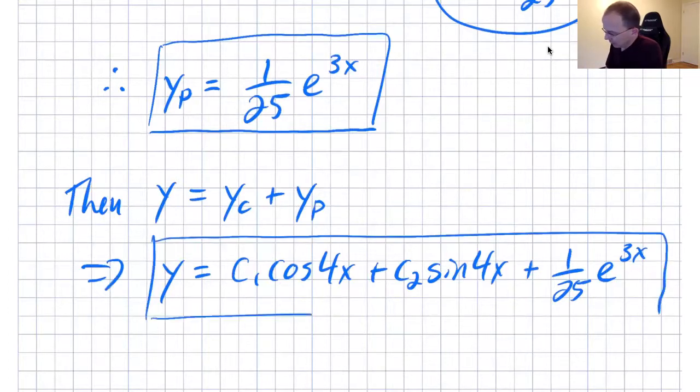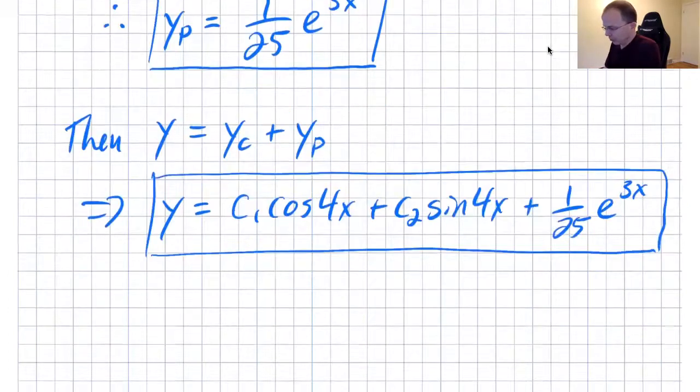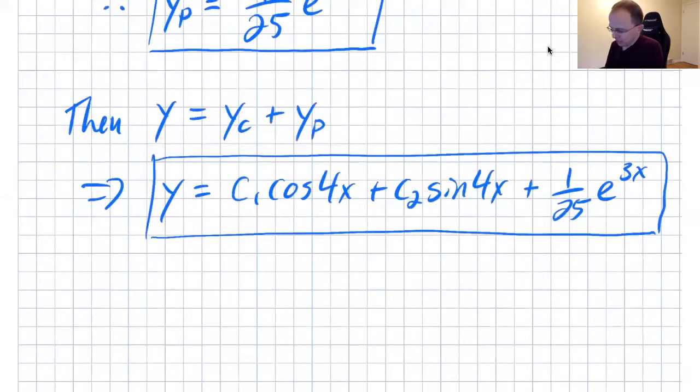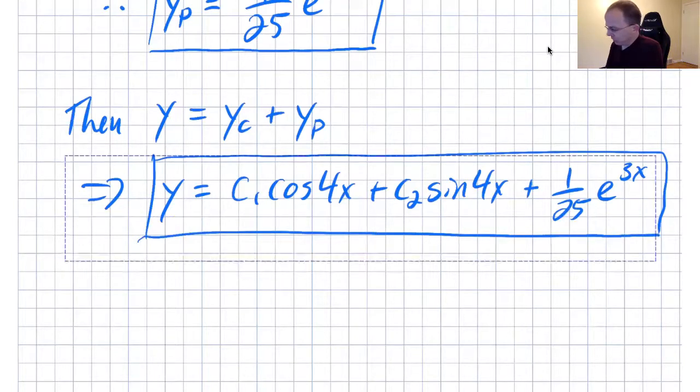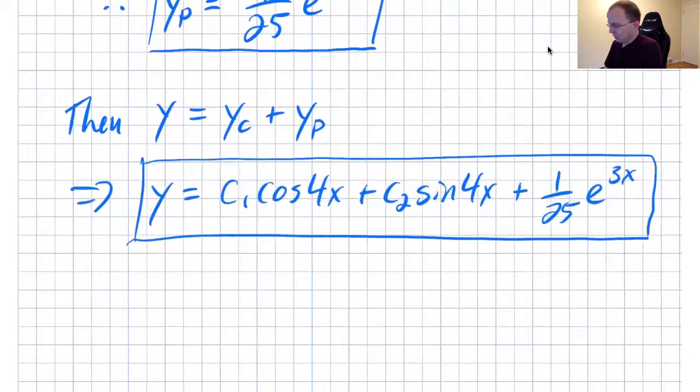And there it is. So that's the general solution of this differential equation. Just wanted to move this over a little bit. So there's our general solution to the differential equation.